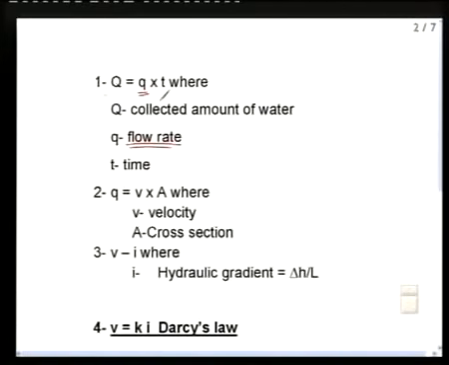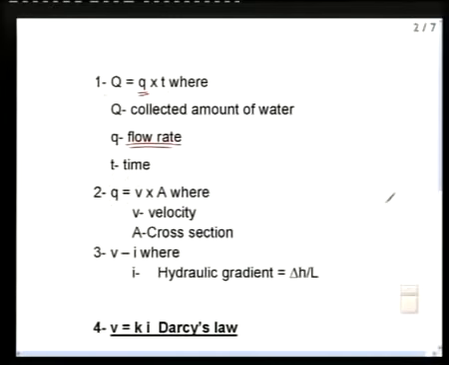Okay. Now, flow rate, let us use what we say here.